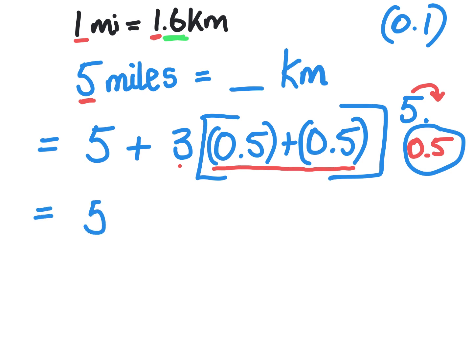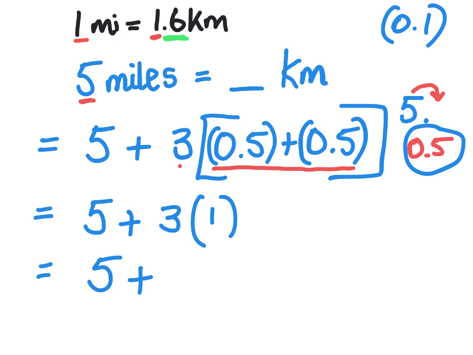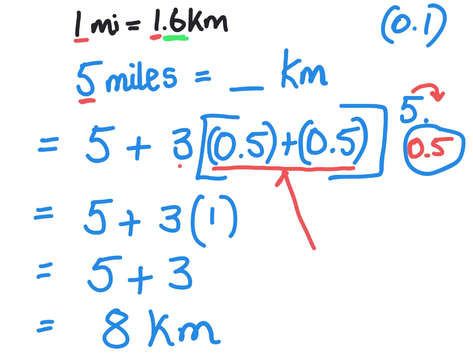So now we've got 5 plus 3 lots of 0.5 add 0.5, which is 1. So now we're left with 5 plus 3 times 1, which is 3. So the answer is 8. Okay? So the only really tricky bit is this first line.